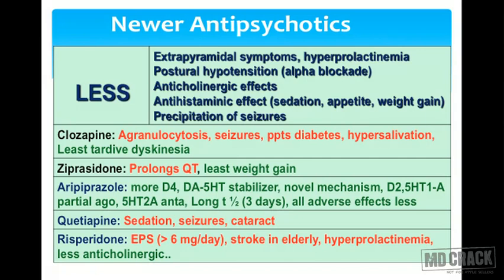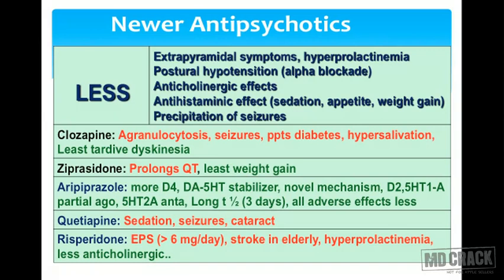We move on to the next drug, aripiprazole, an extremely important agent of the day. It has more action on the D4 receptors and is typically called a DA 5-HT stabilizer. It stabilizes the dopamine and 5-HT levels. This has a novel mechanism. It blocks the D2 receptors.